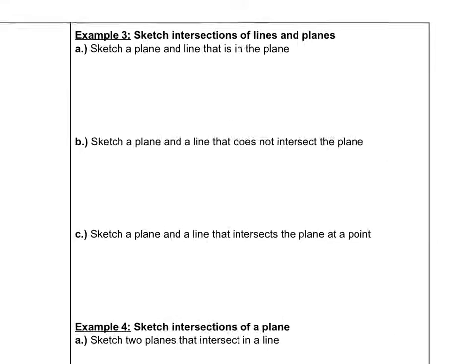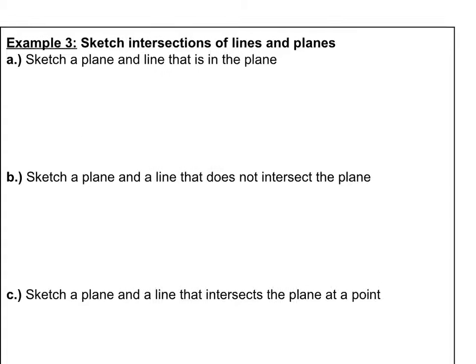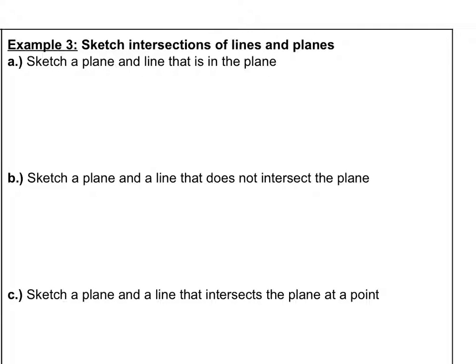So now we're going to work on our drawing skills real quick. Sketch a plane and a line that is in the plane. A plane just looks like a sheet of paper. We'll call this plane P. Remember, to name a plane, you can use just an uppercase letter.